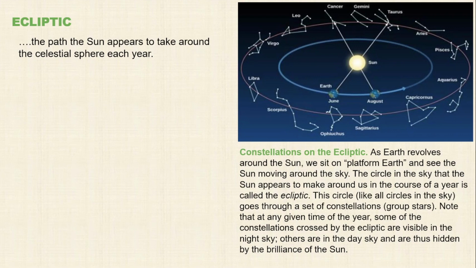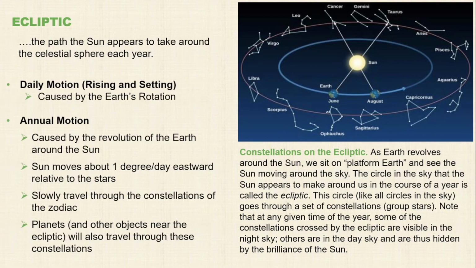And so is the sun. So the sun takes this path in the sky all year long, right? And so if we project that path and draw an imaginary circle in the sky, that's called the ecliptic. And we say the sun always follows that path called the ecliptic.